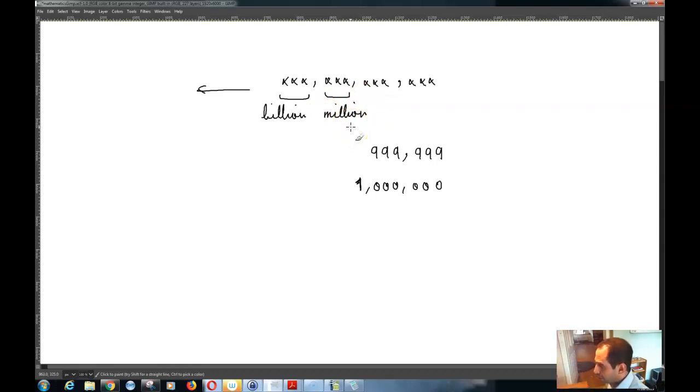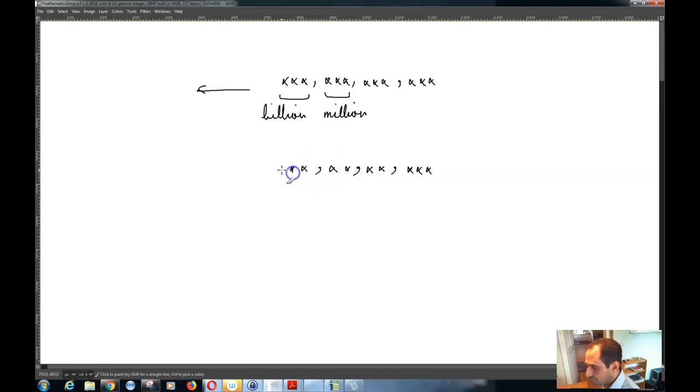But in the way that Indians write numbers, it's a little bit different. You have the same 3 digits over here, but the way that they separate the digits is different, and they have different names for these separated groups. After the first 3 digits, you have 2 digits, after that 2 digits, and so on.